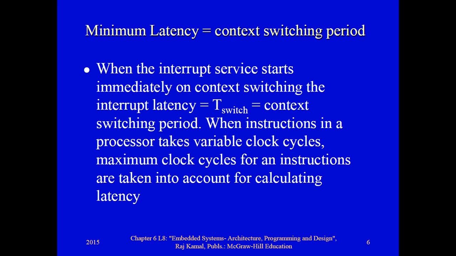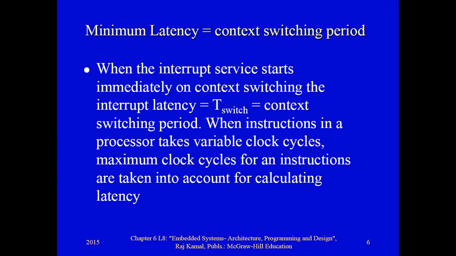So when the interrupt service starts immediately, that means the ISR service is started immediately after the occurrence of the interrupt, then the context switching time, T switch, is denoted as the context switching period. When instructions in a processor take variable clock cycles, the maximum clock cycles for an instruction are taken into account for calculating the latency.